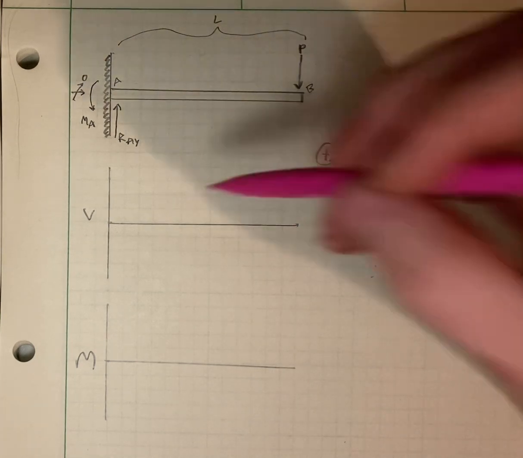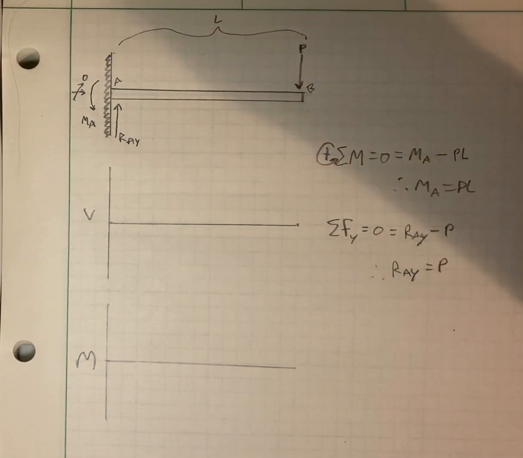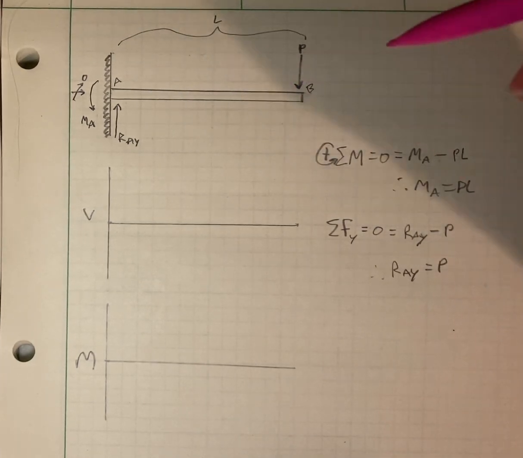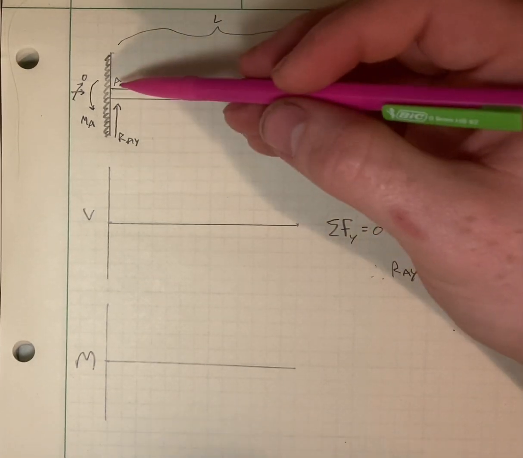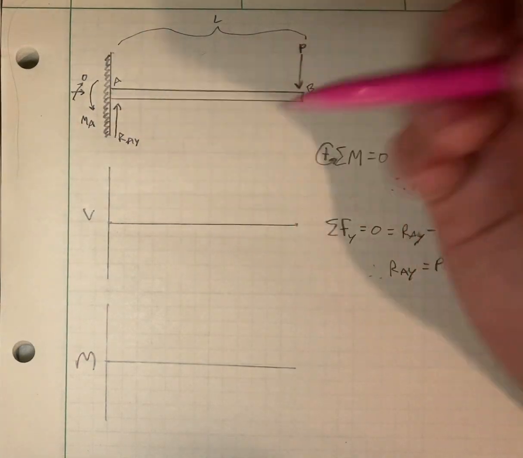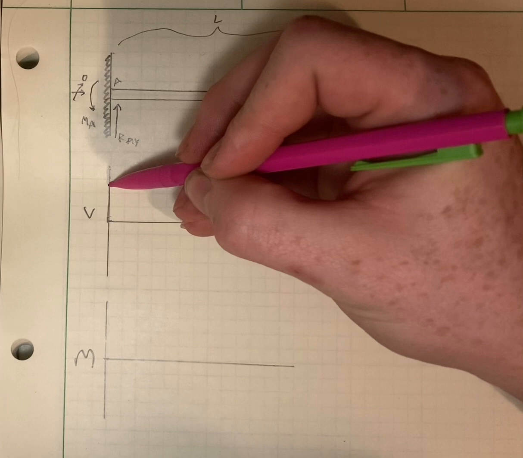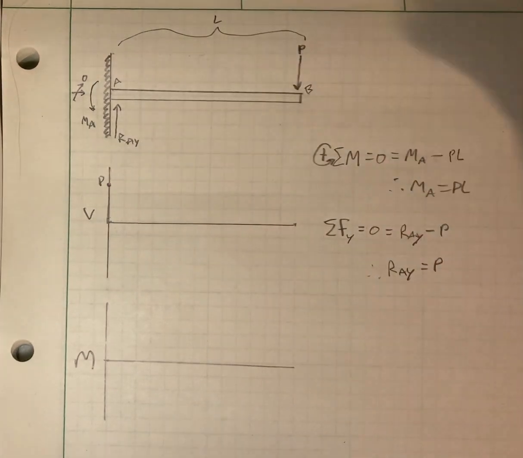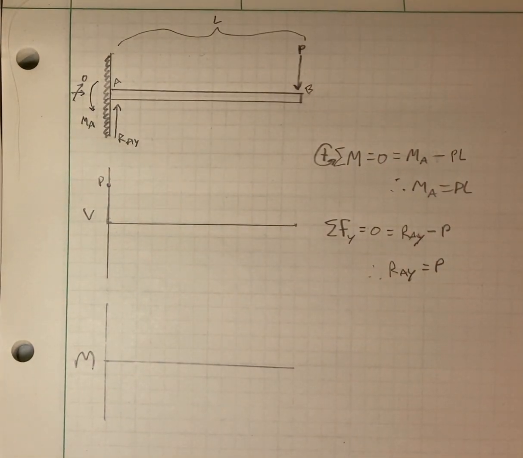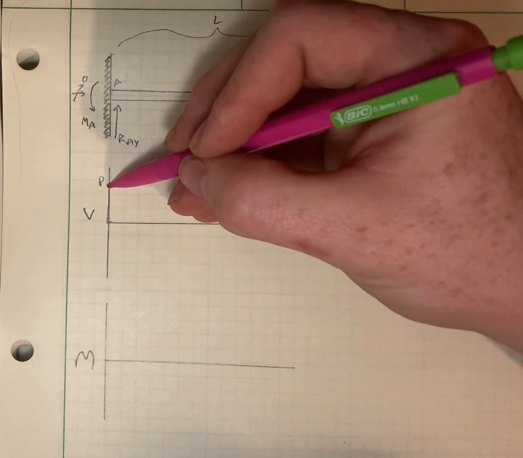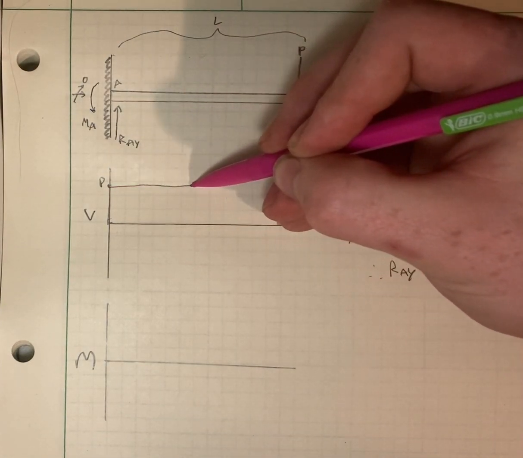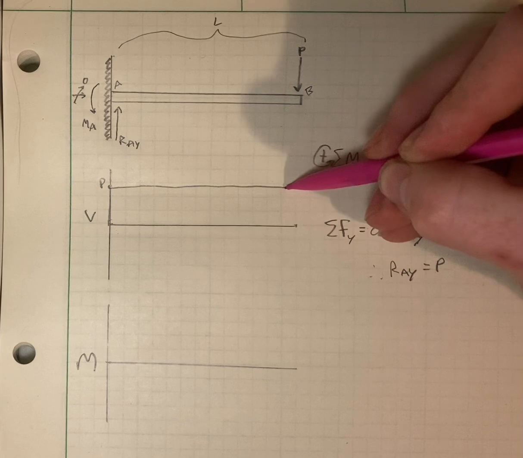So, time to graph the shear, right? Forces create shear. So, working left to right, what's our first force? RAY, right? And RAY equals P, so it's going to go up a magnitude of P. And then from there, nothing happens, nothing happens, nothing happens until here.